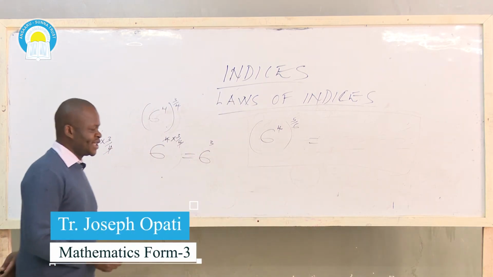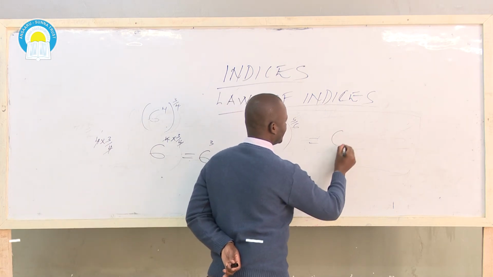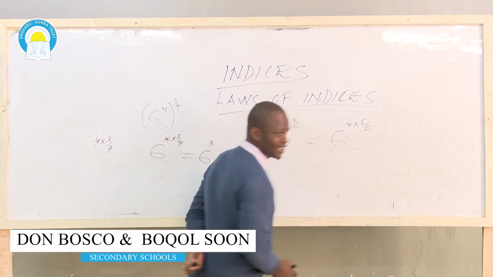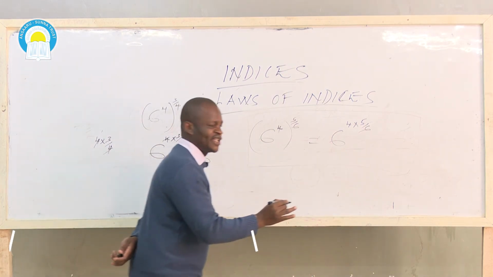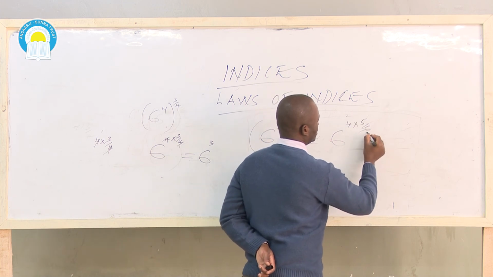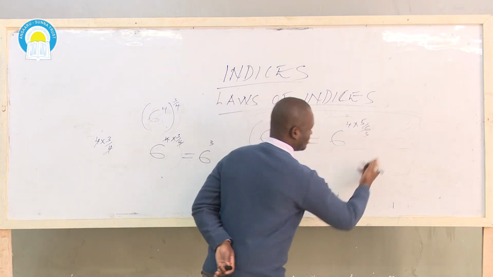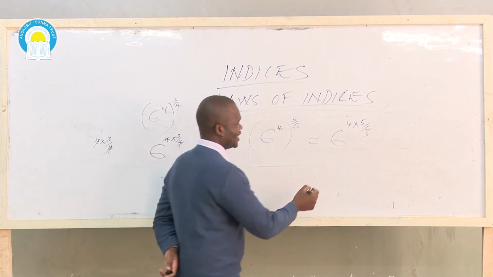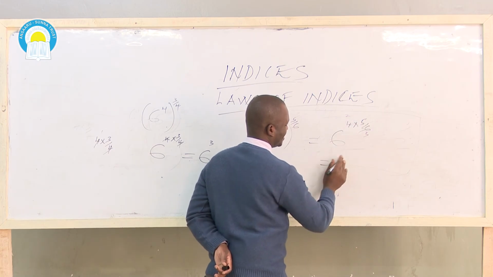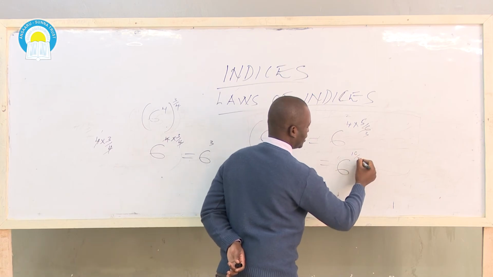So what should be the workout on the eventual answer? We should have 6 power 4 times 5 over 6. If you're very keen, if you simplify this, 2 goes there, 2. 2 goes there, 3. Now having exhausted the common factor, what should be the eventual answer? Multiply 2 and 5 to give you what? 10. We should have 6 power 10 over 3.